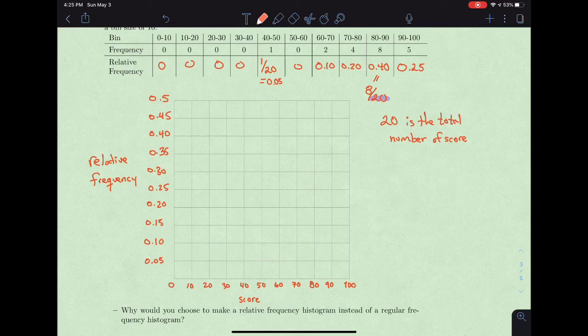In the previous example, we were using the frequency to measure the height, and now this will be the height of the bars. So relative frequency is now measuring the height. And the first non-zero height we have is in the 40 to 50 range, and the bar measures 0.05.